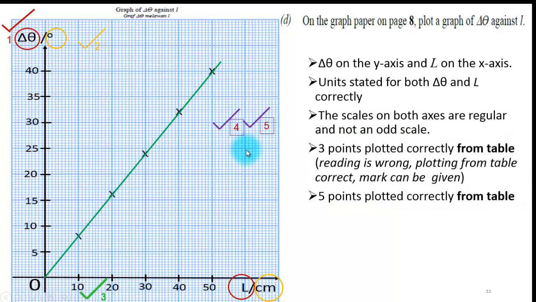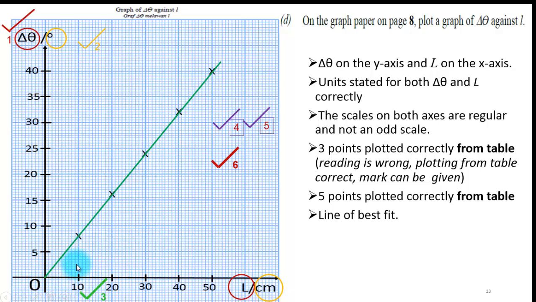And then the sixth tick will be for the best fit graph. So make sure your graph is balanced. The points above or under the graph should be nearly the same. Just like this, this is no problem, best fit graph. And the last one is the size of your graph. It should be at least 10 times 8 cm.